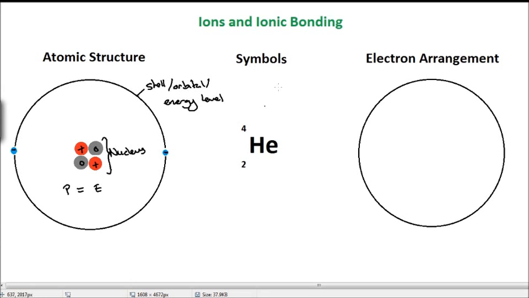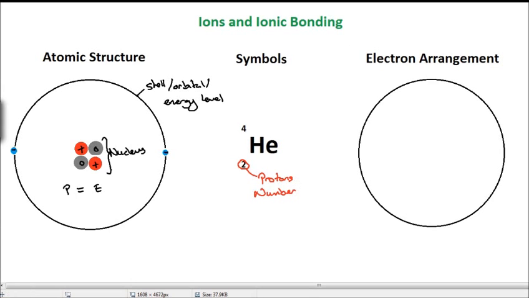We also looked at symbols, for example helium here. This number down the bottom of our symbol, that 2, is our proton number, which tells us how many protons are in our atom.